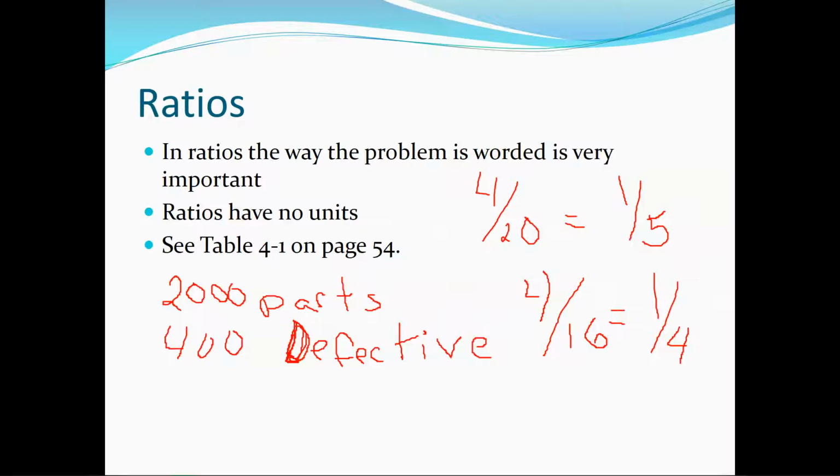Okay? However, if I switch that up and instead of looking at my total parts, I look at my acceptable parts, that doesn't give me a good ratio either. So there really is no good way of telling your boss, we've got to get some things taken care of.